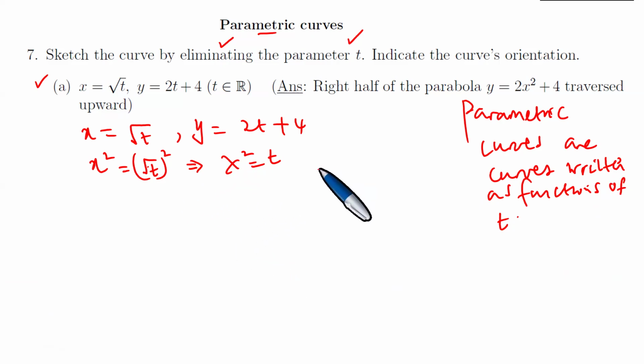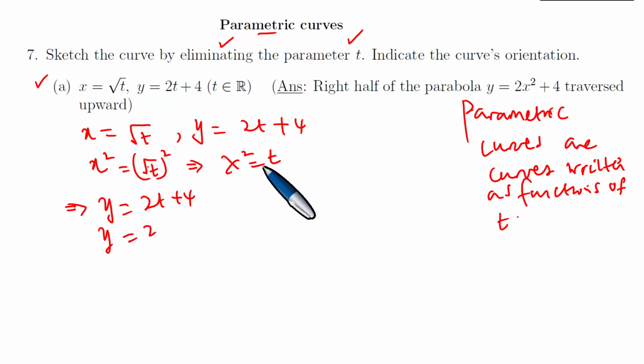So you square, you get that. y equals t plus 4.